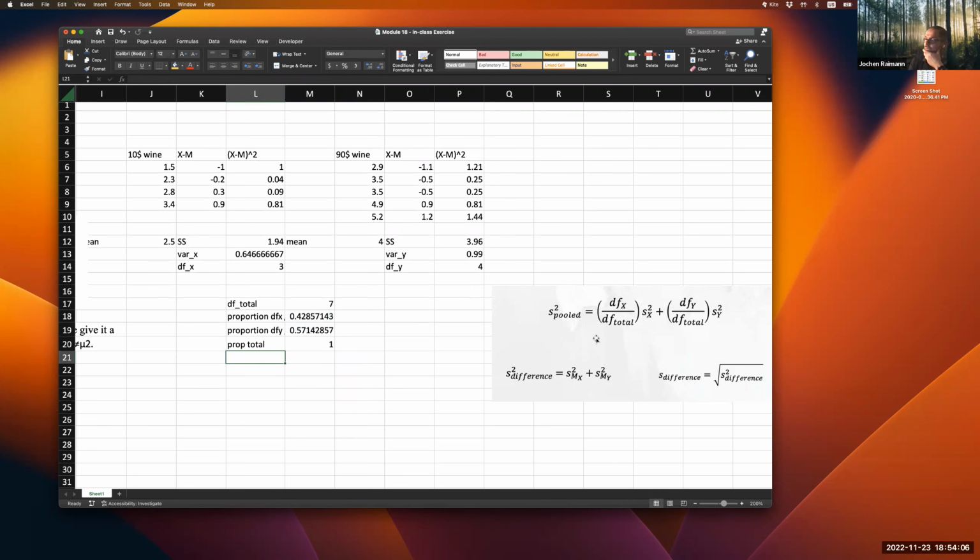Good. So now what we want to do next, we multiply the respective proportion of the sample to the variance of the respective sample.